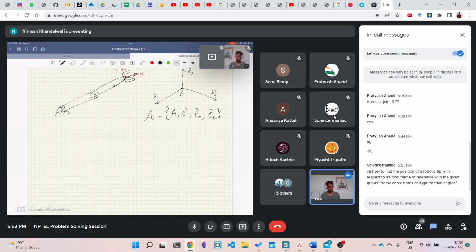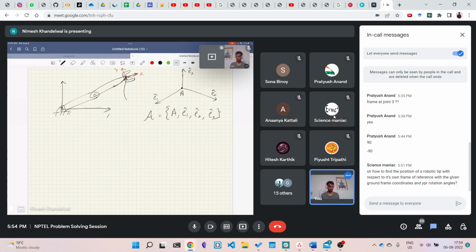Now for this robotic tooltip example also, we have specified this origin: it is right at this joint. So when I talk about the position of the robotic tooltip, I talk about the position of the origin of its frame as seen from the ground frame.